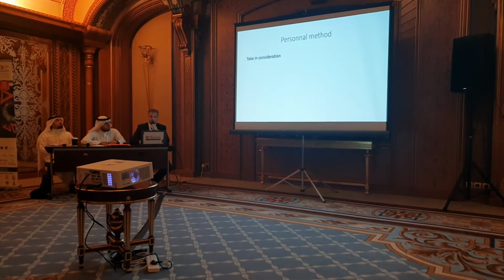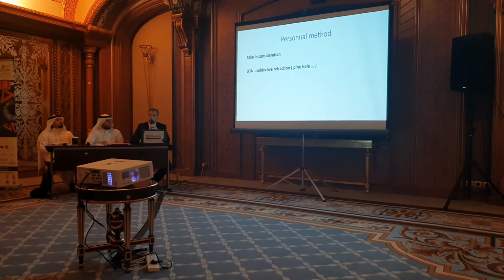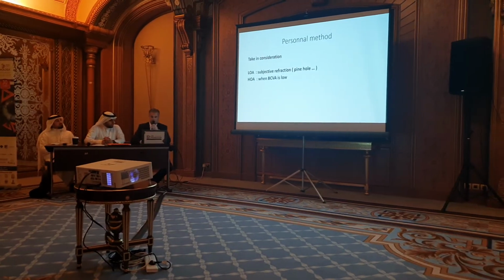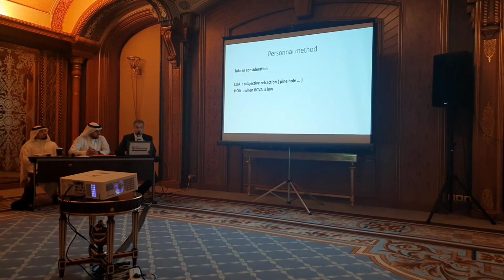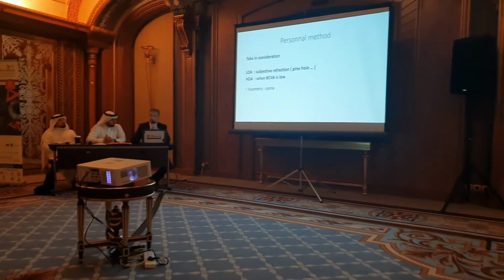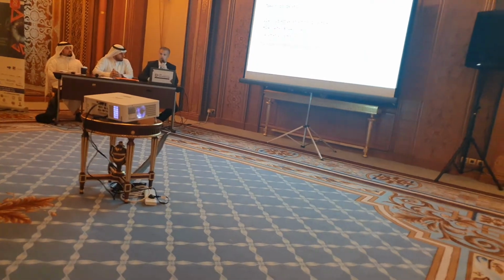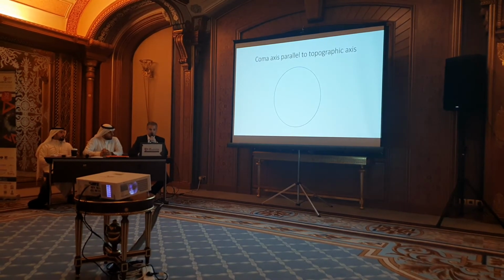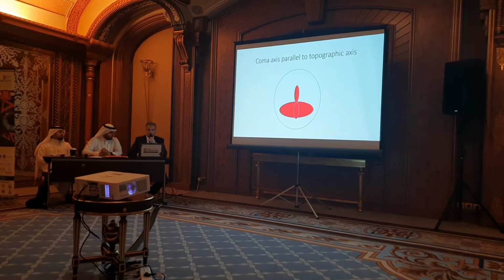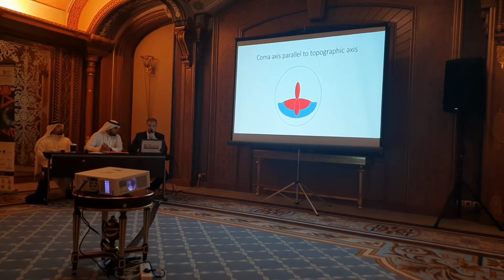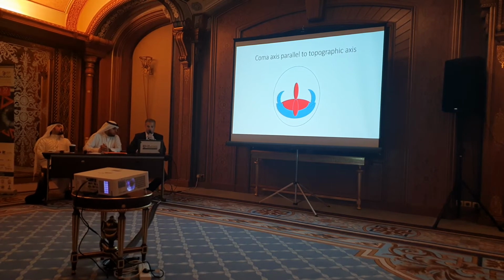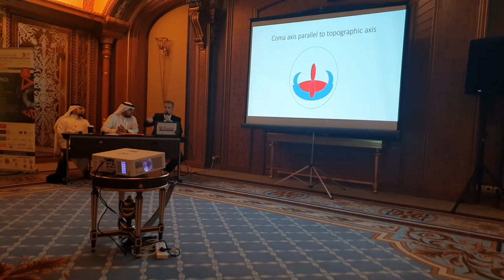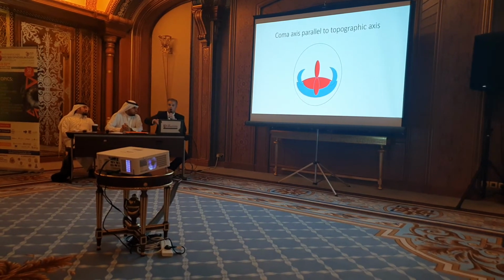So my personal method takes into consideration low order aberrations, using pinhole, the long axial length, high order aberrations, when best corrected visual acuity is low, and asymmetry, which gives us the coma, Q value, and axial length. When you have the coma axis parallel to the topographic axis, you have these kinds of rings: one big ring, or two parallel rings, or two asymmetric rings.